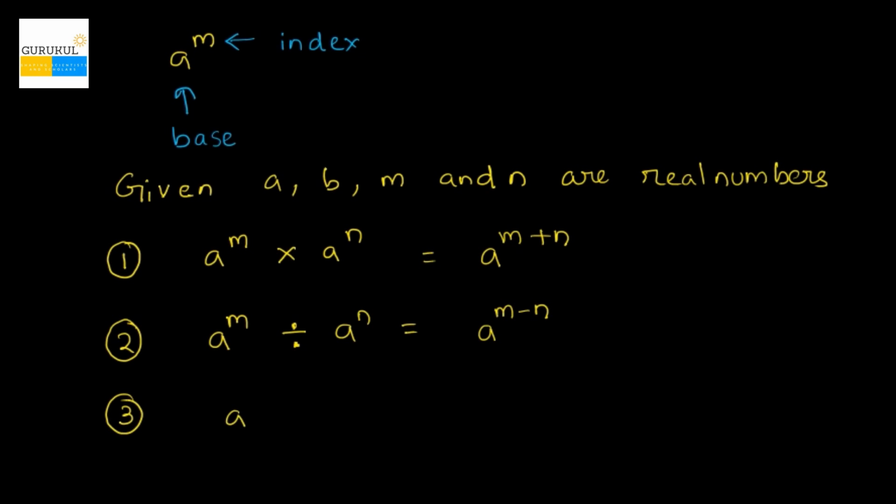Third law, a raised to the power m, whole raised to the power n, is equal to a raised to the power m times n. For multiplication we use a dot symbol here. We will look at some examples after I state all the laws. So we are done with three laws.